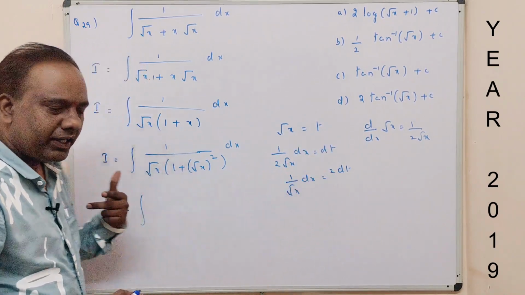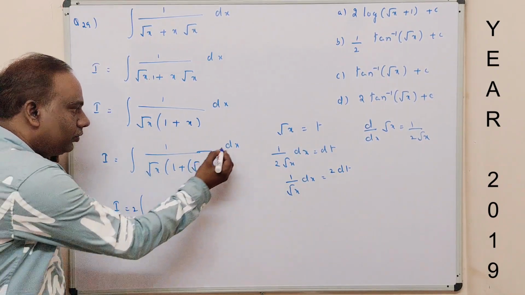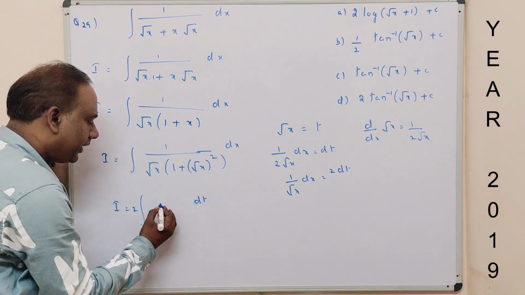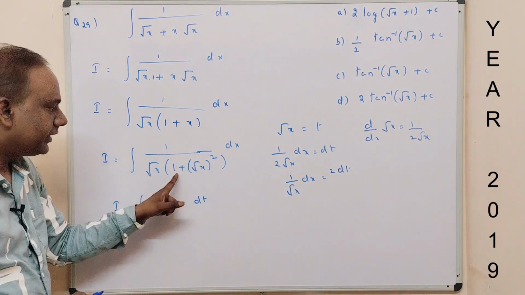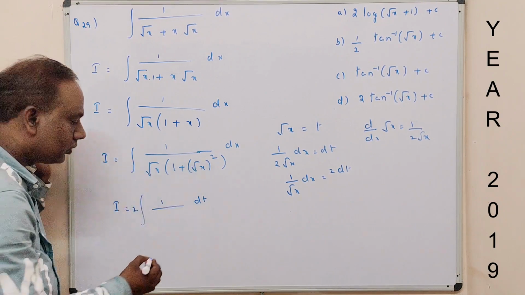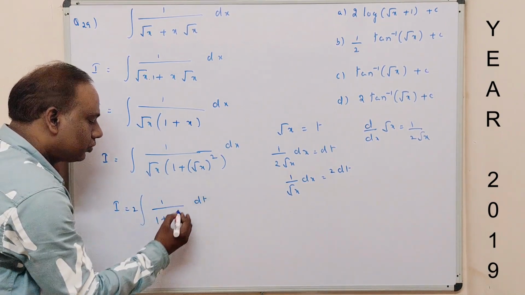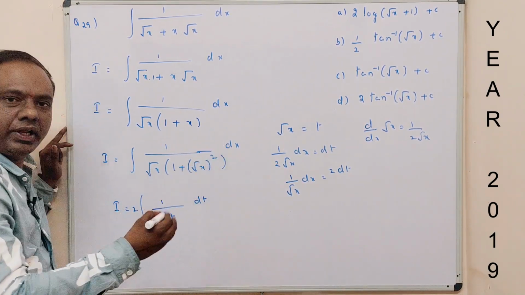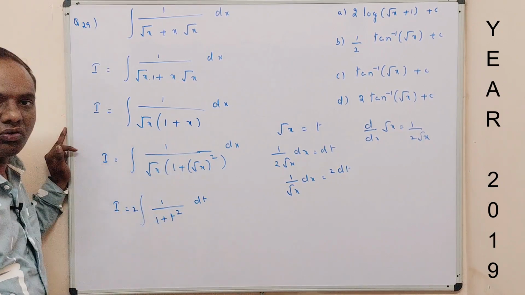Now we substitute here. I is equal to integration of 1 by root x into dx, which is 2 dt. The 2 you write outside, 2 into dt. The remaining is 1 by 1 plus root x whole square. 1 plus root x is equal to t, so root x whole square means t square.